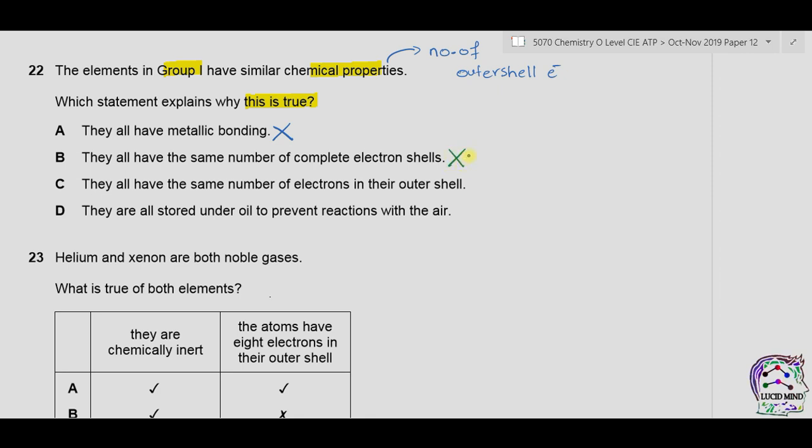This is a wrong statement because as we move down group 1, with each period successive shells are added. So the number of complete electron shells increases in each period in group 1. C. They all have the same number of electrons in the outer shell. This is a true statement because in group 1 all elements have 1 electron in their outer shell.